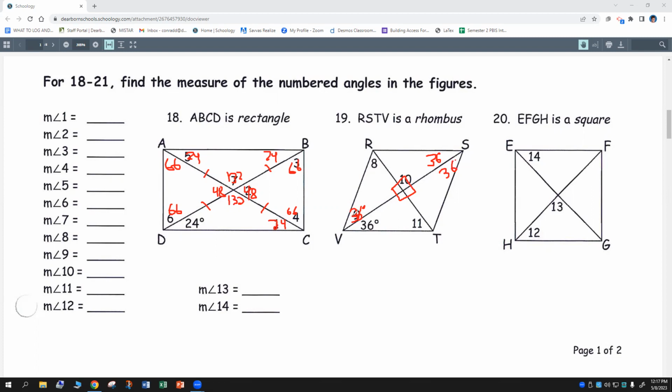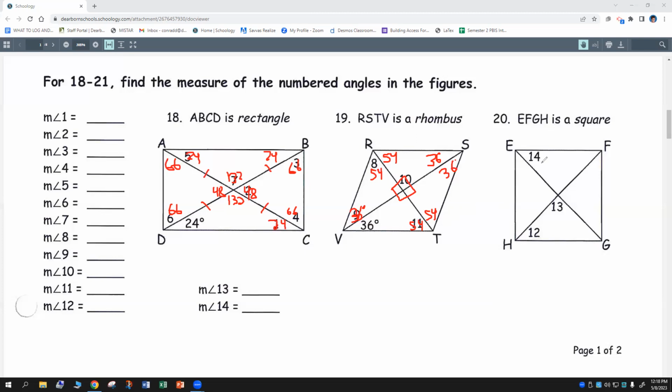And then we know the three angles of a triangle add up to 180. So 180 minus 90 minus 36 is going to give us 54. And then opposite angles are equal, so 54, 54.